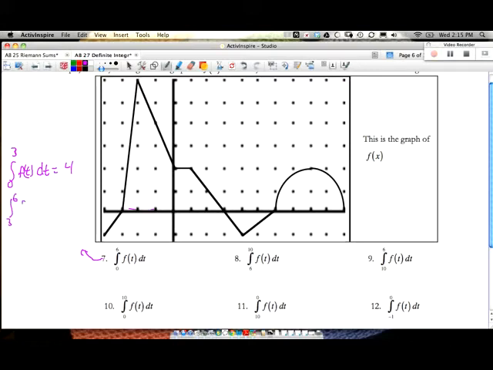And the integral from 3 to 6 of f of t dt is equal to -3/2. Now notice that if I'm going from 0 to 3, then 3 to 6, and I put these two together, that's going to give me a total from 0 to 6. So this is really equal to these two numbers added together, 4 plus -3/2, which in this case is 5/2.